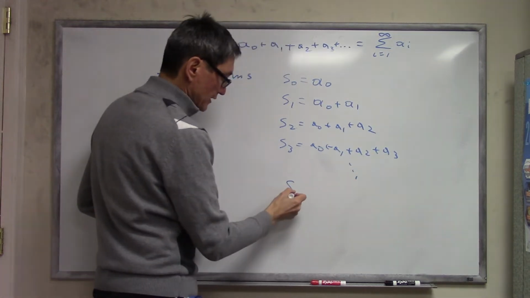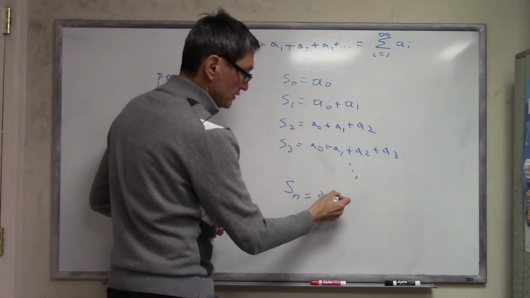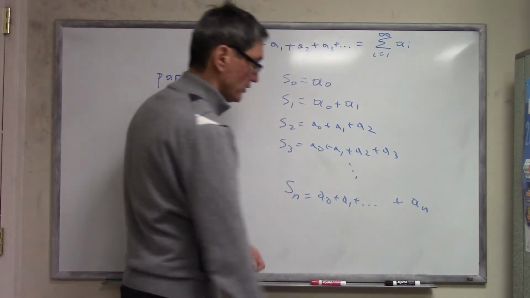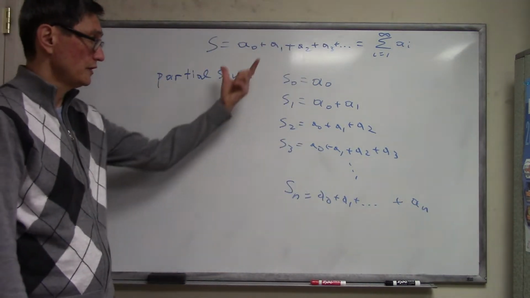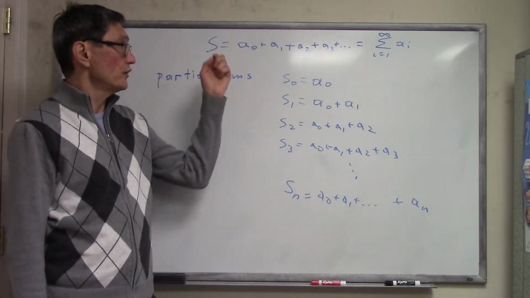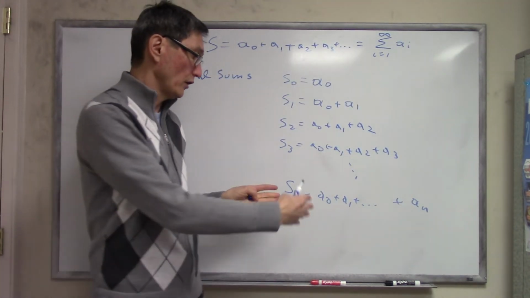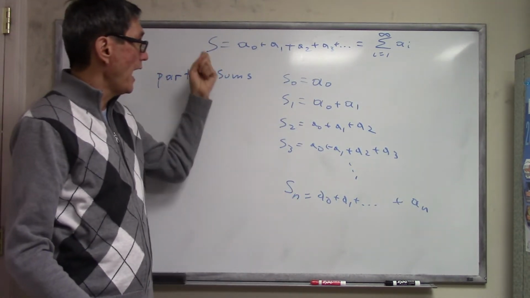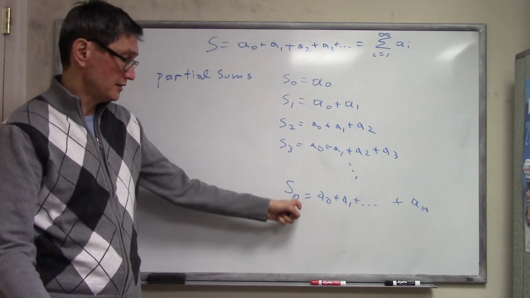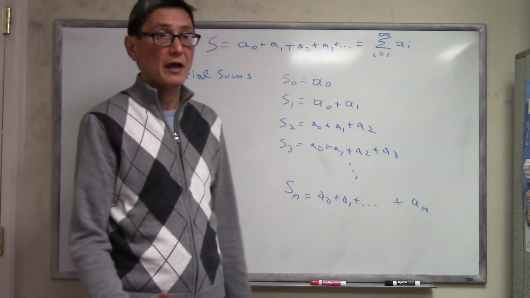And in general, Sn starts at a0, and we keep adding terms until the last one is an. So what we did is come up with an approximation to the infinite sum. We'll say S is approximately equal to Sn when n is large.